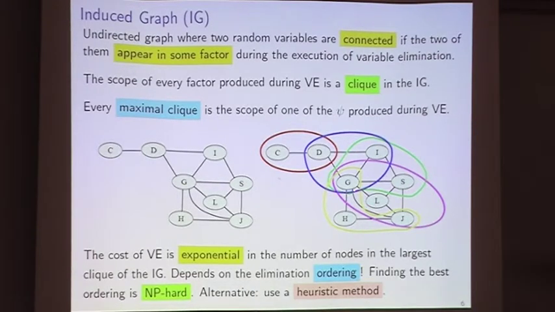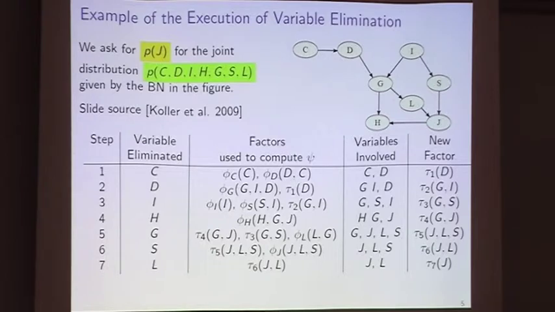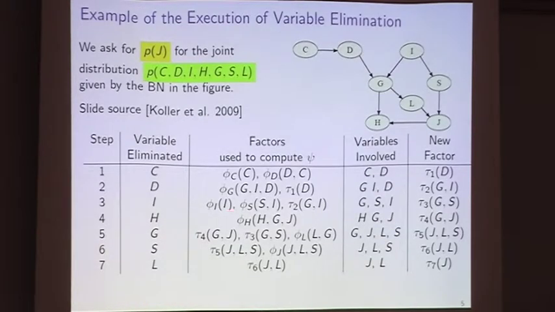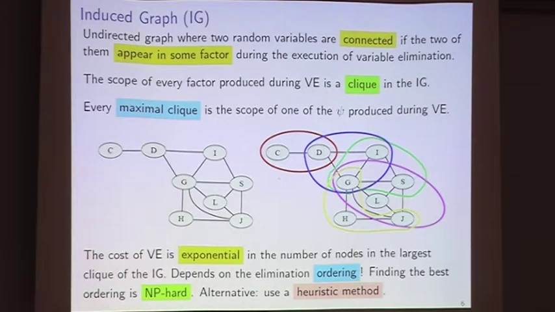For example, this one, G, H, and J, is a maximal clique, and we have a corresponding factor, psi, produced during the execution of variable elimination. In this case, G, H, and J is just this factor, psi 4 would be the one corresponding to that maximal clique.